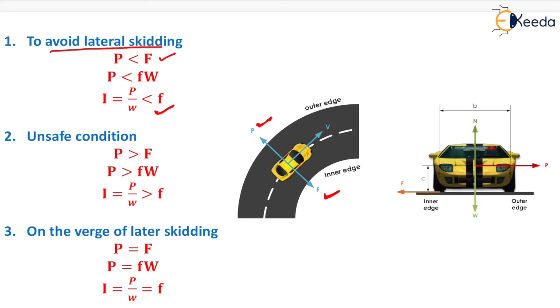Now for unsafe condition, P should be greater than F. After putting the value of F, we get I equals P by W, which should be greater than the coefficient of lateral friction, that is small f. Now the next case is on the verge of lateral skidding. On the verge of lateral skidding, P will be equal to capital F, that is the friction force. So after putting the value of capital F, we get I equals P by W, which will be equal to small f, that is the coefficient of lateral friction.